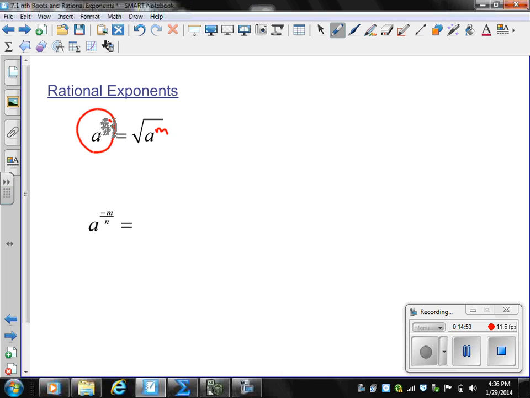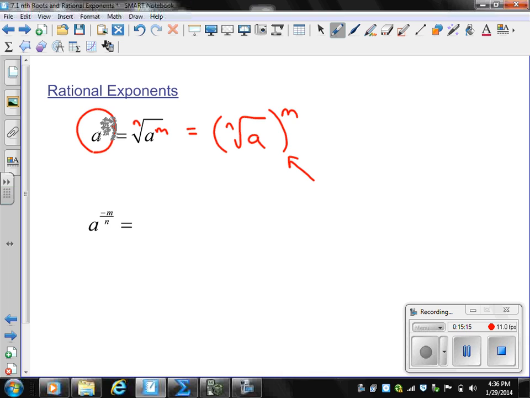This would be making a larger and then smaller. That's fine. We can also do this as the nth root of a, and then take that and raise it to the nth power. Both of those work fine. Again, my suggestion is the second one, where you make your number smaller and then larger, is probably the way to go if you're evaluating it.